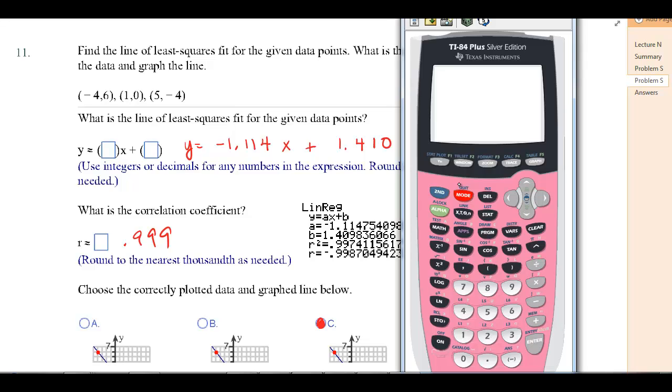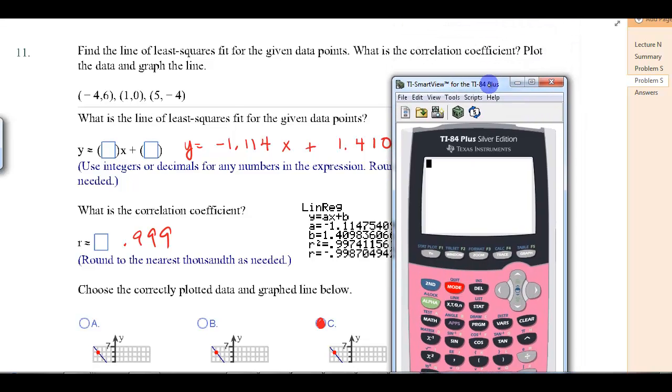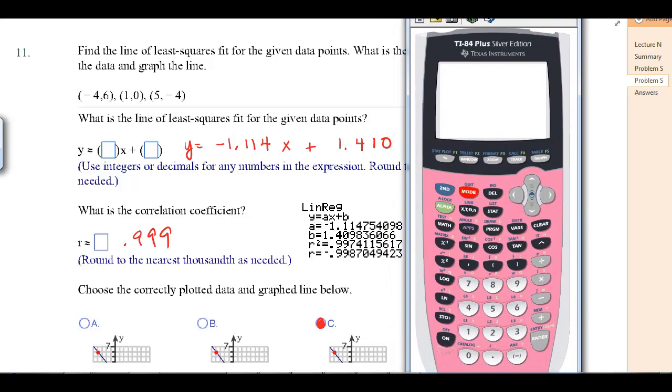All right, so the first thing we want to do is make sure that the correlation coefficient is going to print out for us. We're going to do that by going to second catalog, so that's second 0, and then we want to look for diagnostics. Look at your little alphabet up here in the green on mine. It has the letters. So here's D above the X inverse key.